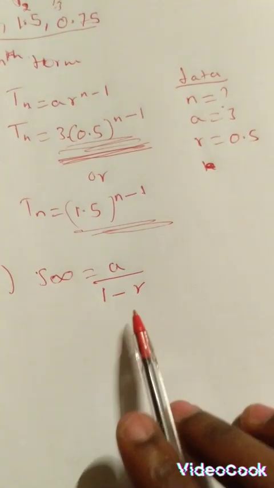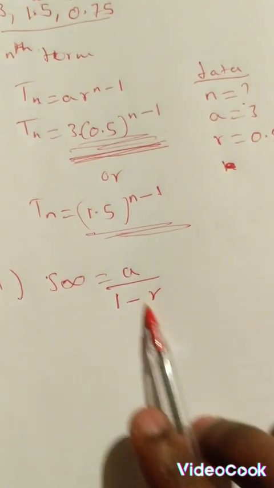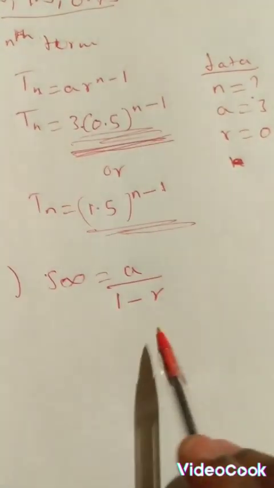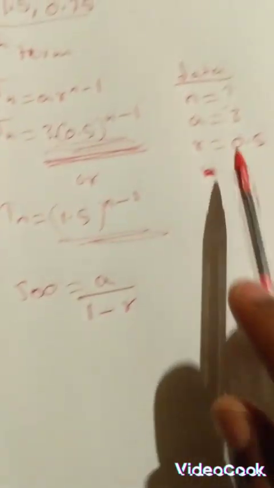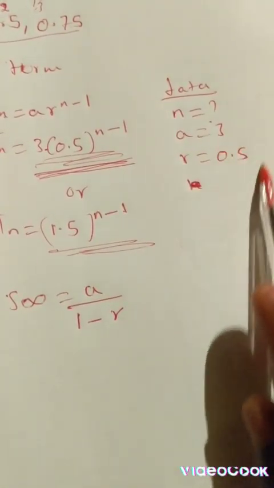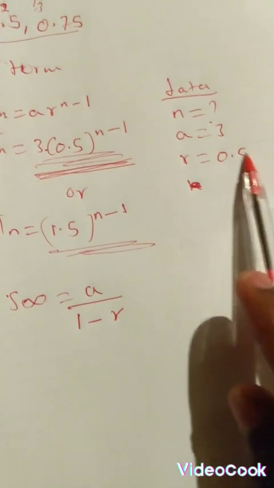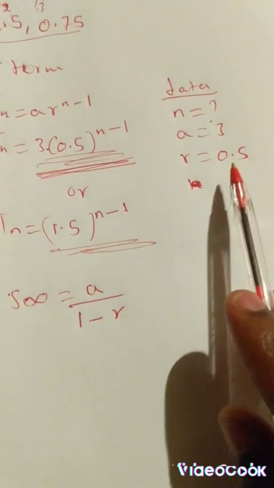When you are finding the sum to infinity, make sure that your common ratio is less than 1.